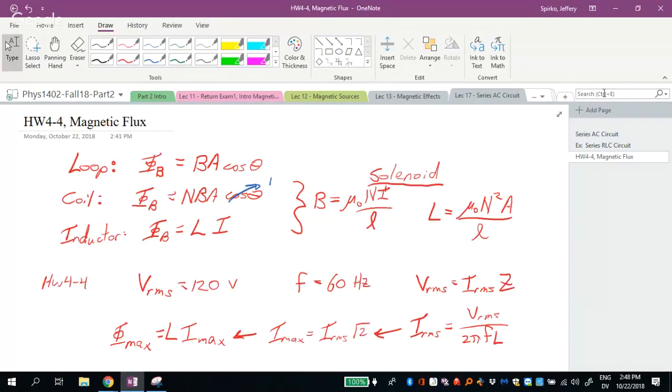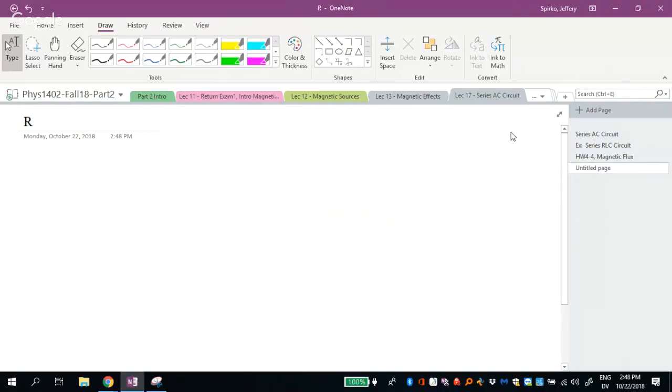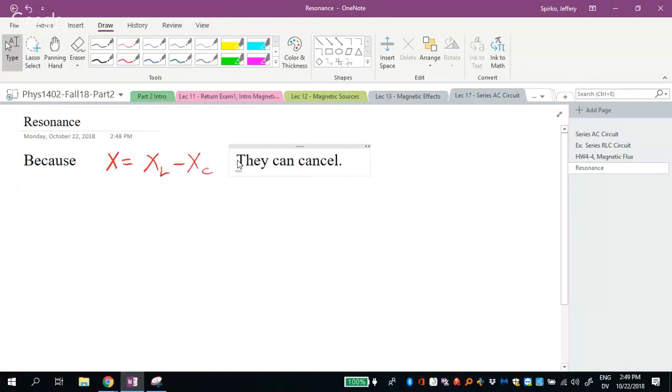Now, there's one more thing I want to talk about. That's the idea of resonance. So this comes about because X equals XL minus X sub C. And because that happens, they can cancel.